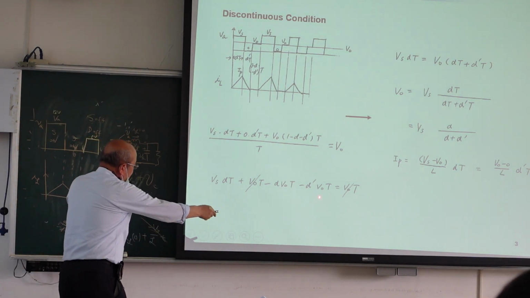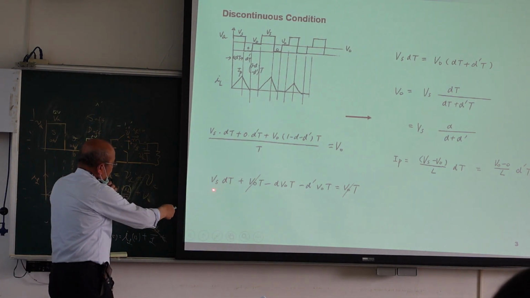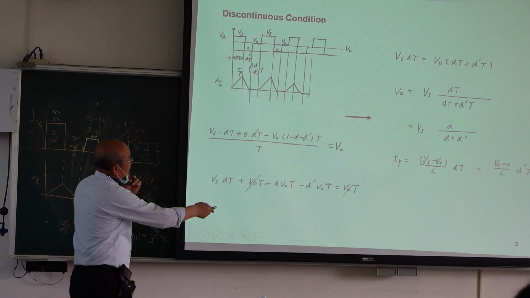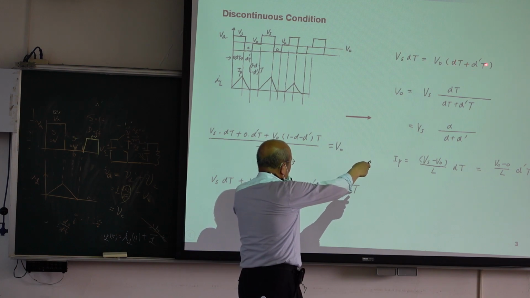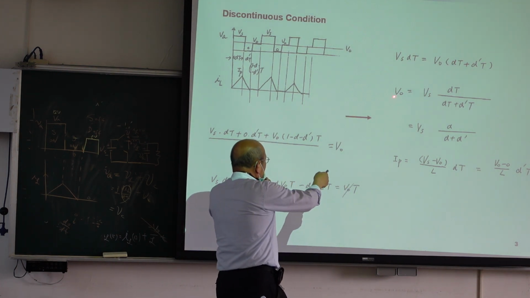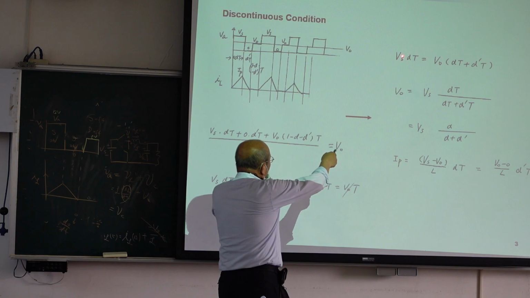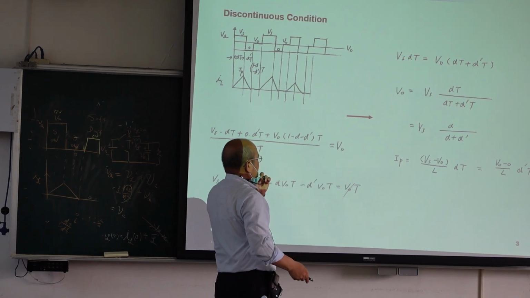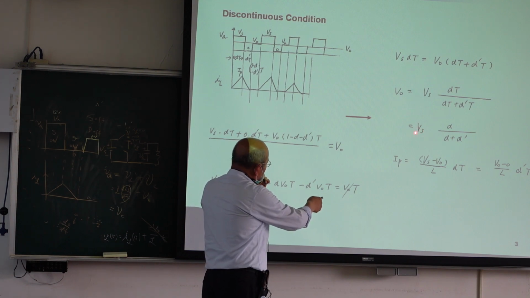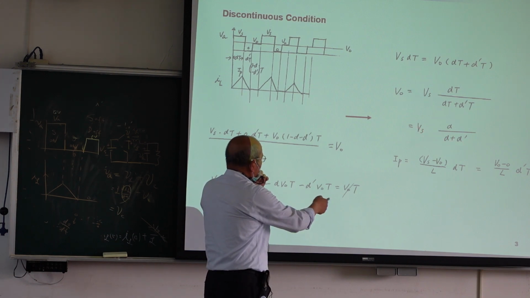Then we can delete this item, and we have VS dT equal to VO (dT plus d'T). Then VO is equal to VS dT divided by (dT plus d'T). So VO is equal to VS d over (d plus d').